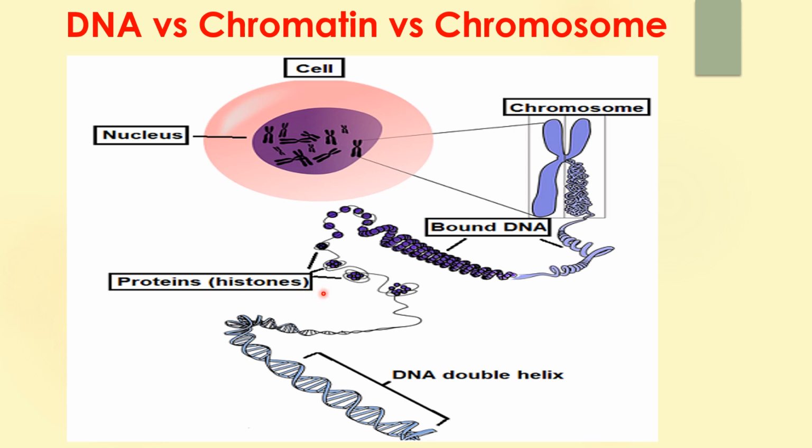Understood? See the chromosome magnified. The chromosome is made up of DNA, and this DNA is packed around the octamer histones. And this is the double helix structure of DNA.